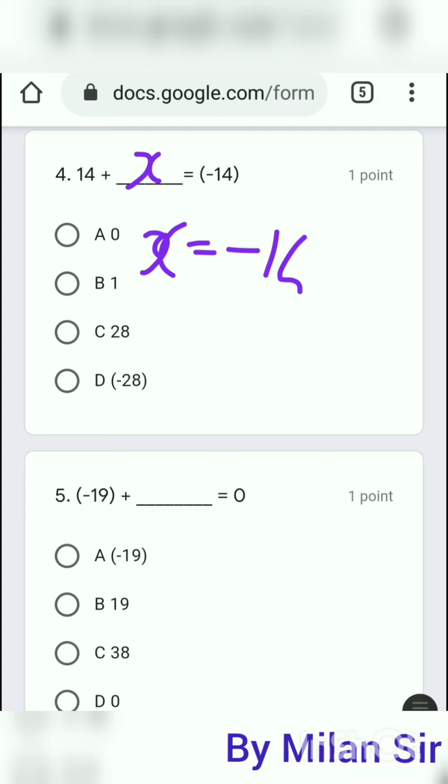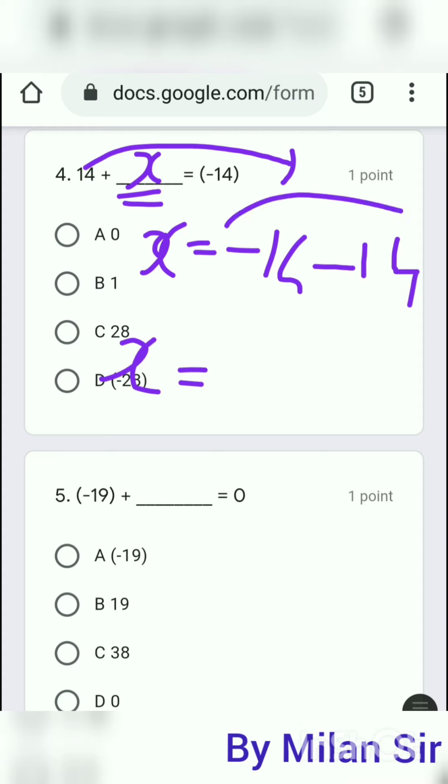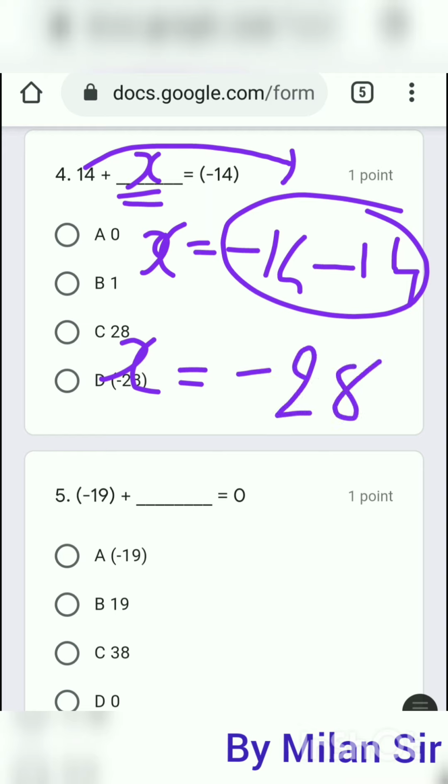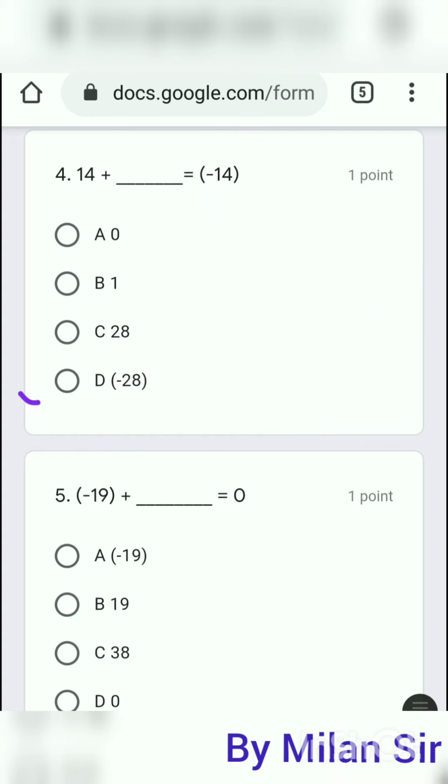Now for finding out the value of x, transfer this 14 to the right hand side, it becomes minus 14. Okay, so x is equals to, now here minus minus plus, 14 plus 14 28, big number 14 have negative sign, so negative sign, so x is equals to minus 28. So here our option D is correct. Okay, minus 28.